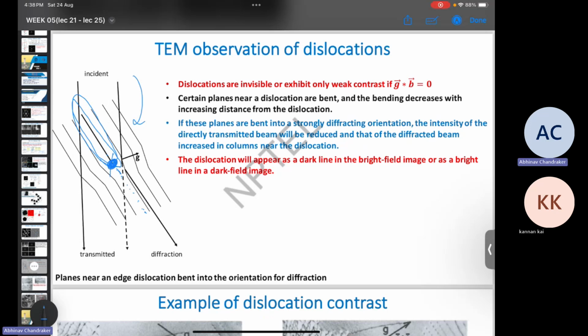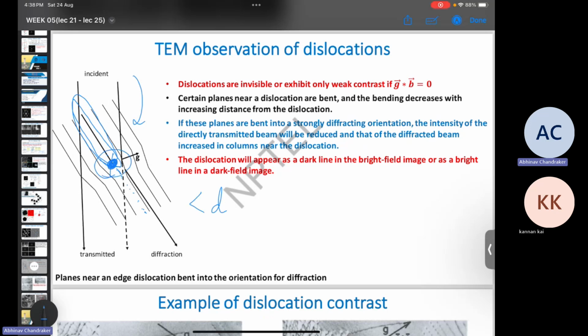So if you have these dislocation lines which have a corresponding strain field associated with them, then due to these lines or extra half planes in this case of edge dislocation, there will be a change in the spacing of the planes in this local area.